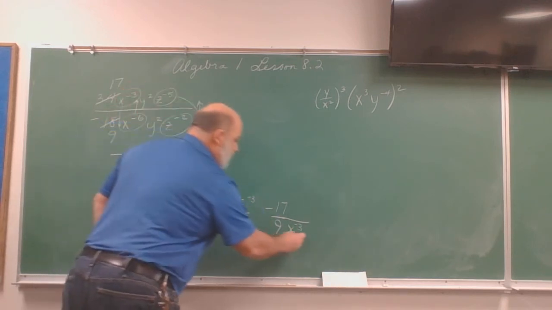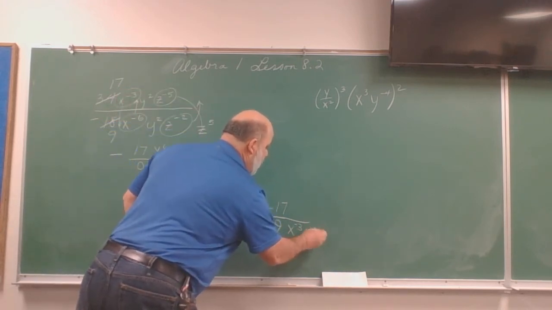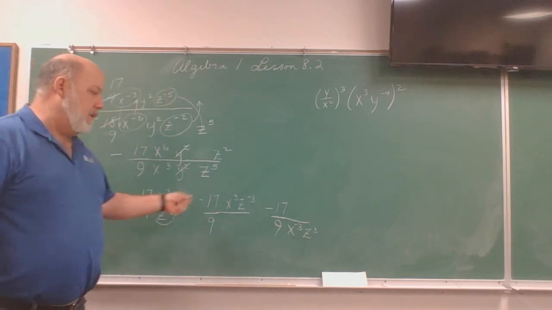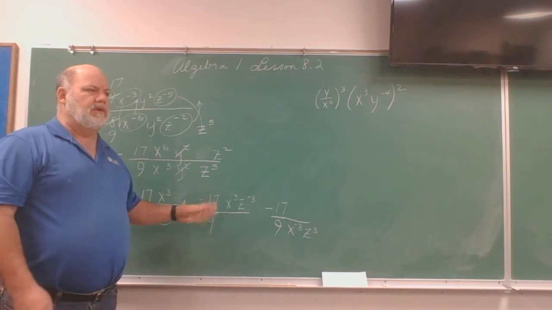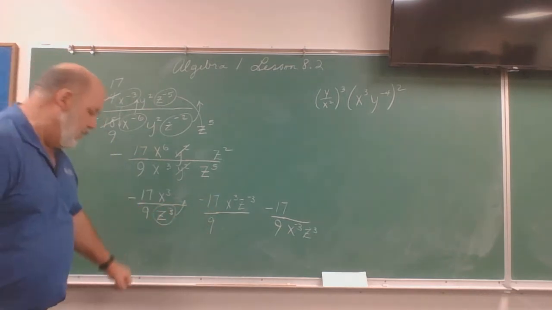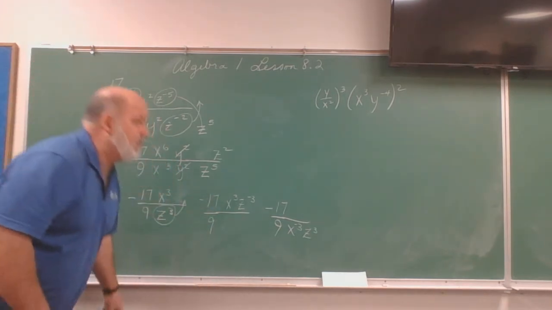This z negative 3 would move down and become z positive 3. I point this out because there are questions in the homework that do this, and you need to be aware of that because they don't give you an example like that.